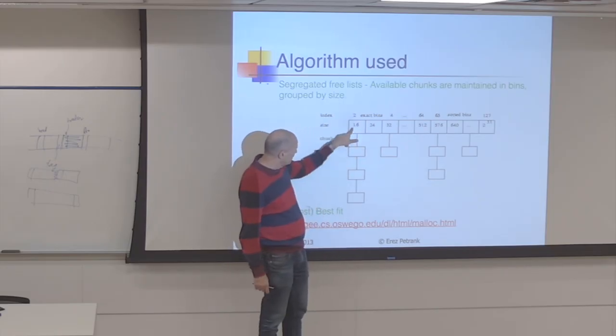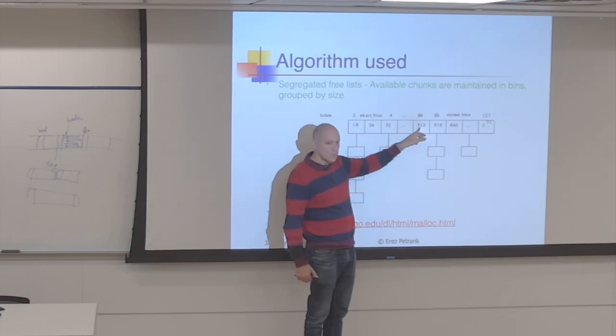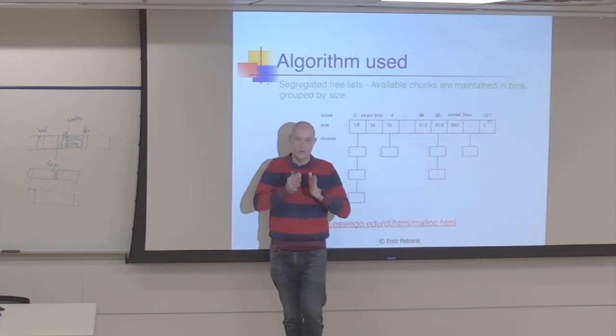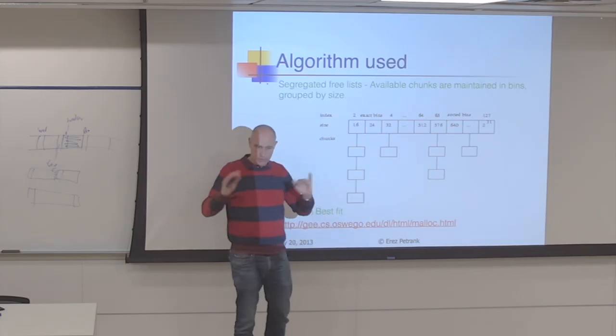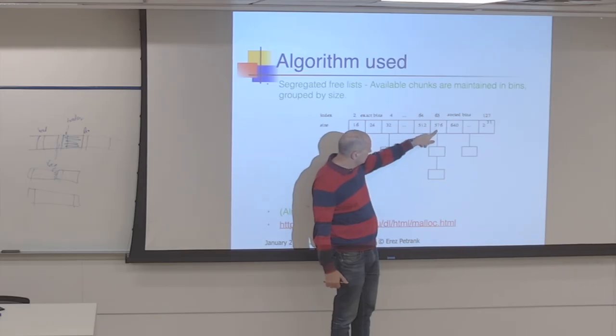The first was 16. Then between 16 and 512, he had one list for every size. So he says, I want to be exact on these. And after 512, he started to have ranges.